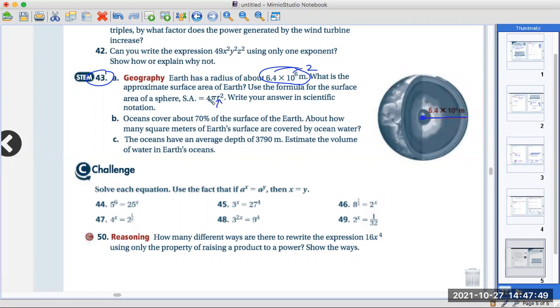Leave your pi, leave your 4. Write your answer in scientific notation. So the 4 pi, you can leave that, or you can use 3.14 for pi. Or pi is actually on your calculator. It's a key and it's very exact.